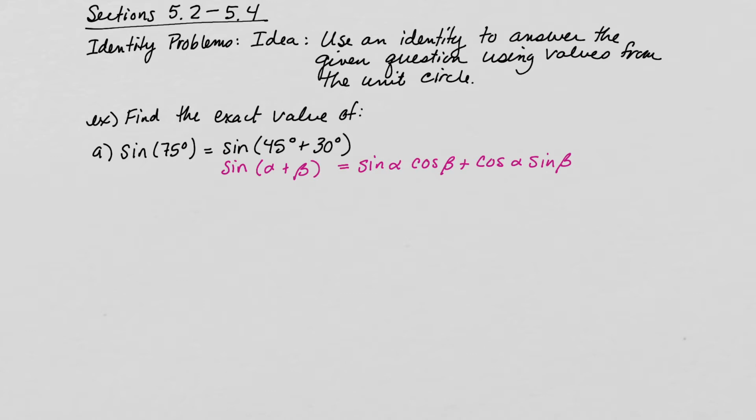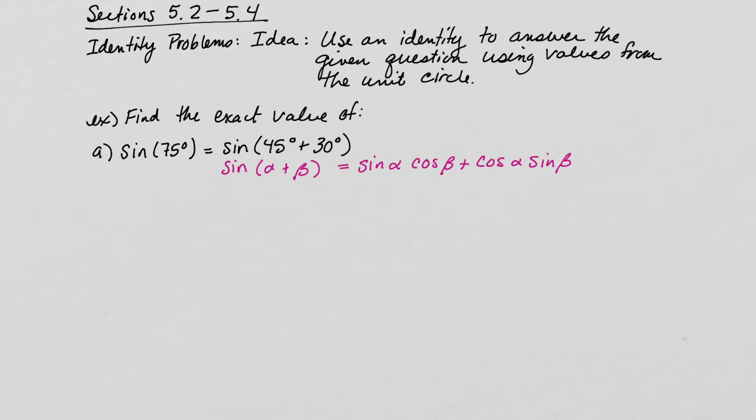That pink line came directly off of the identity sheet listed under the handouts on our Canvas course, so I just copied it verbatim. Every time I take something off that sheet today, I'm going to write it in pink, so you know that when it's written in pink, it came directly off the sheet. That's the only thing I'm going to use pink for today.